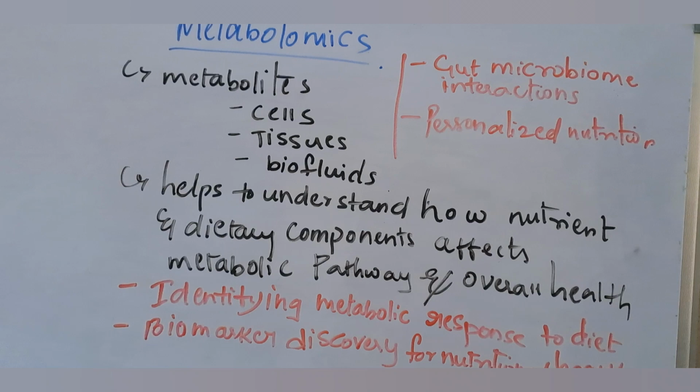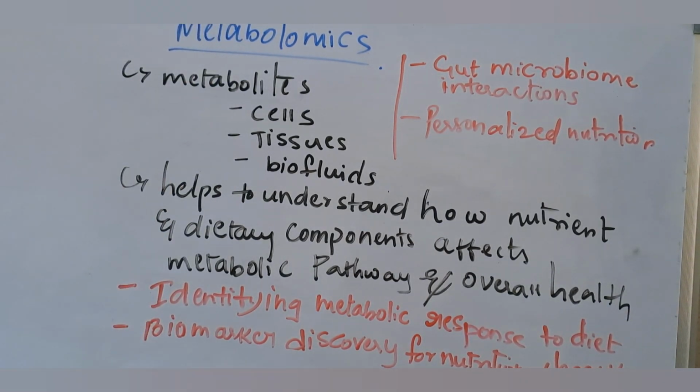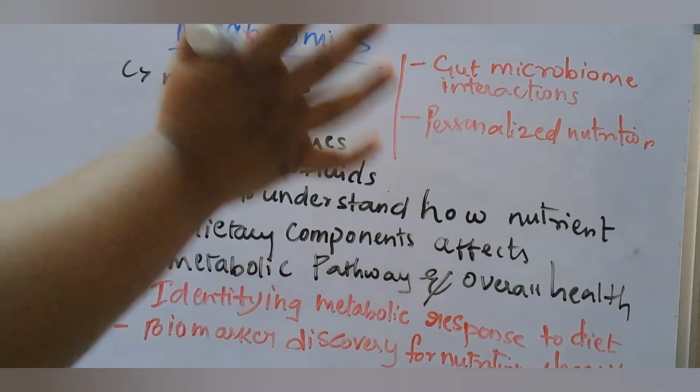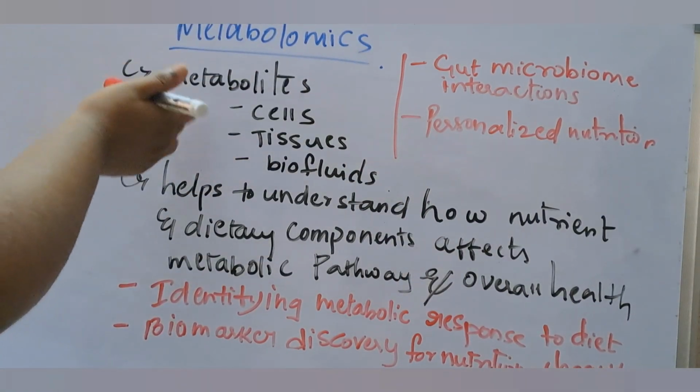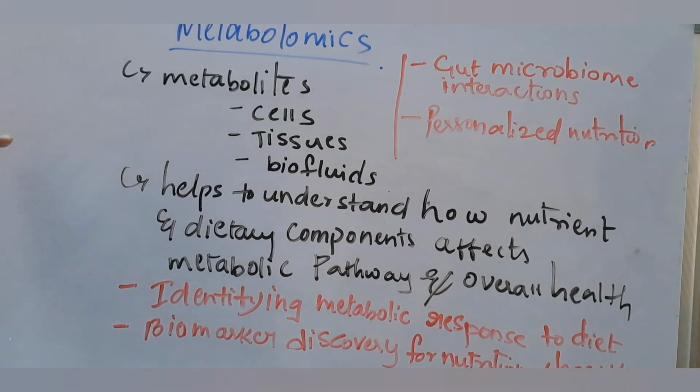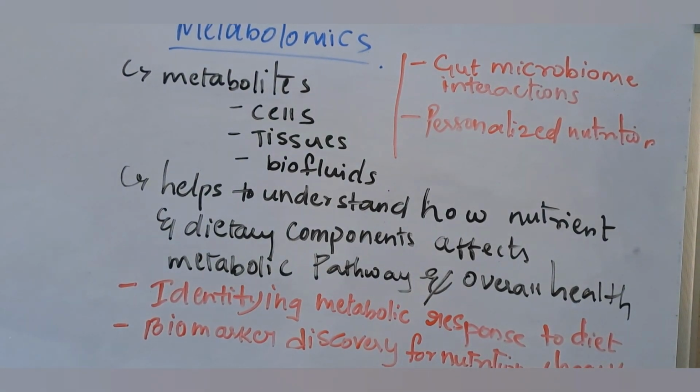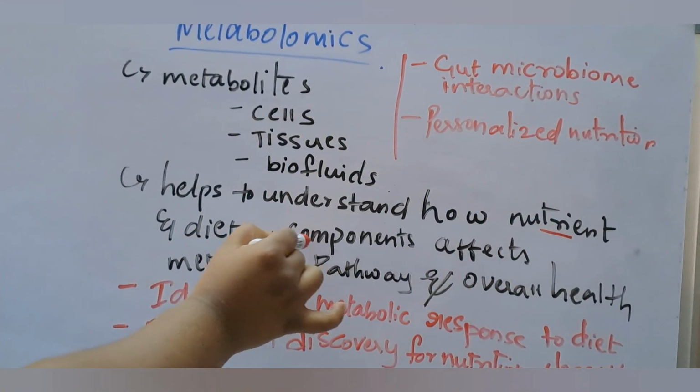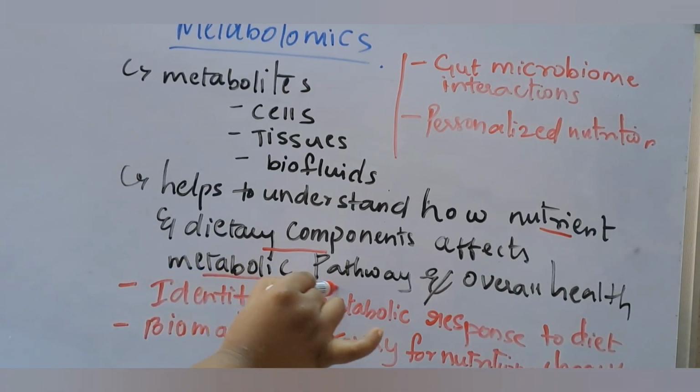Okay, so the role of metabolomics is to analyze the metabolites, which are very small molecules present within the cells, tissues and biofluids. So it helps to understand how nutrients and dietary compounds are affecting metabolic pathways.